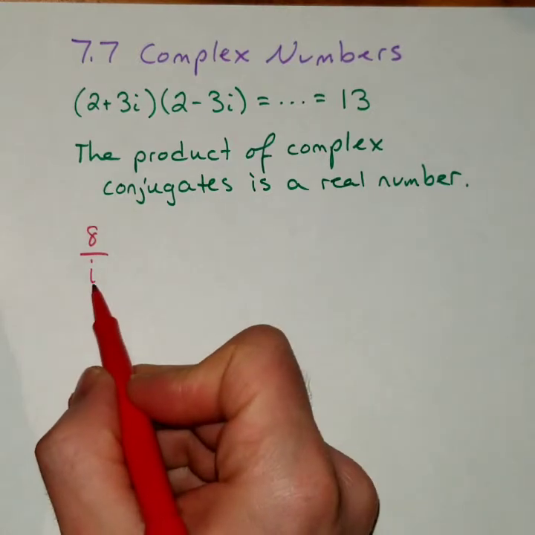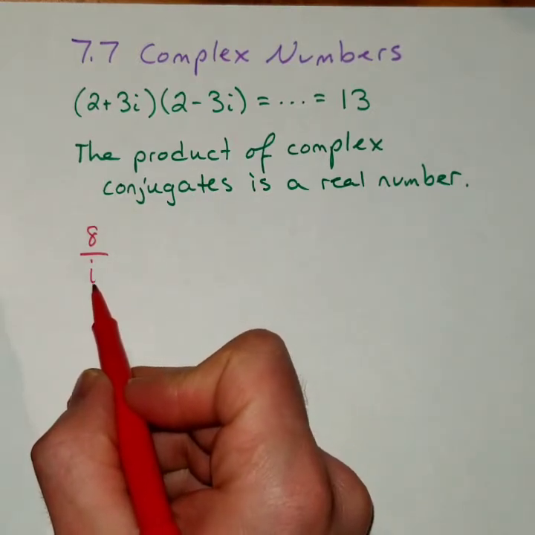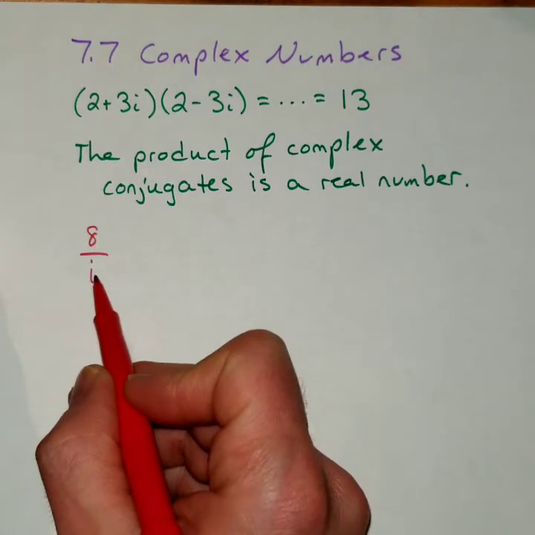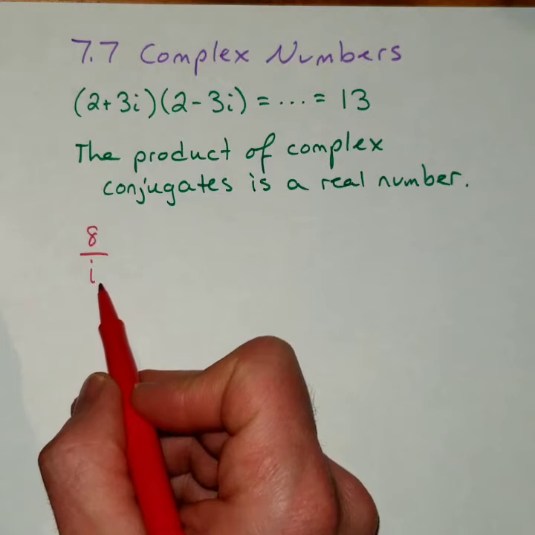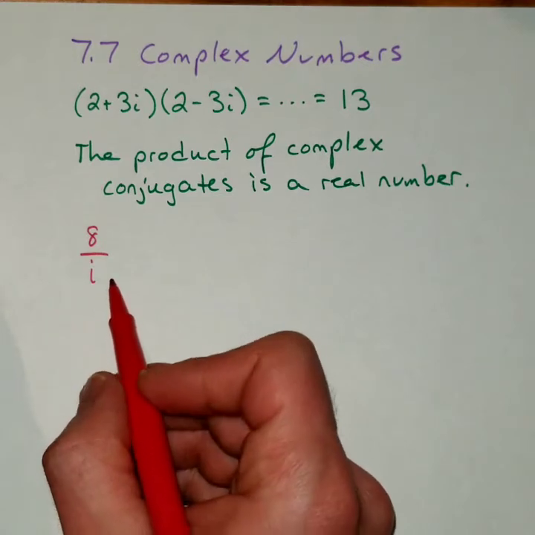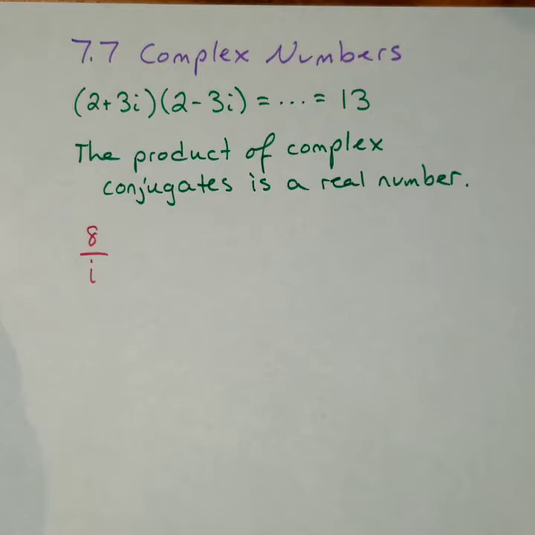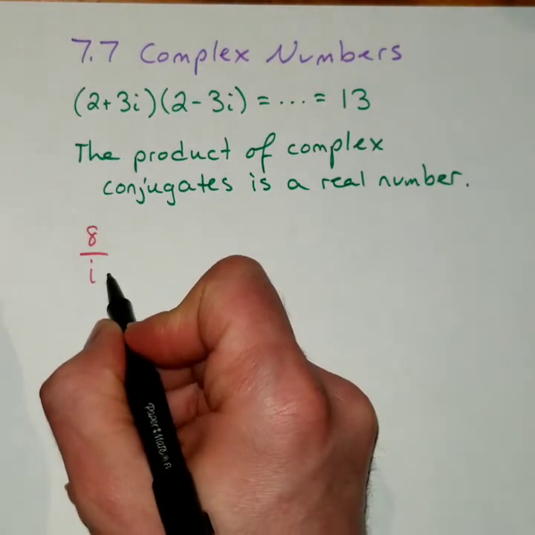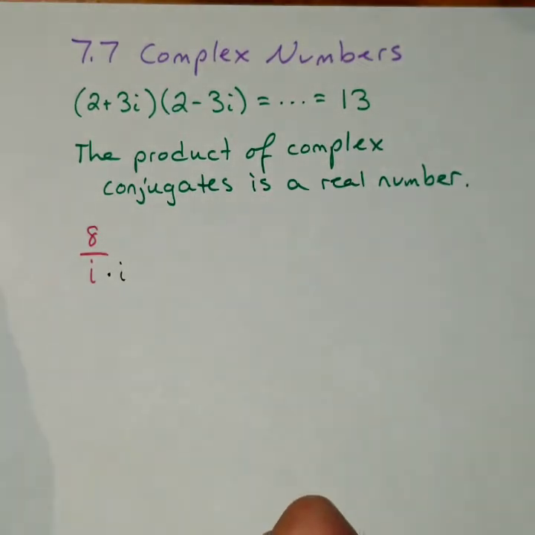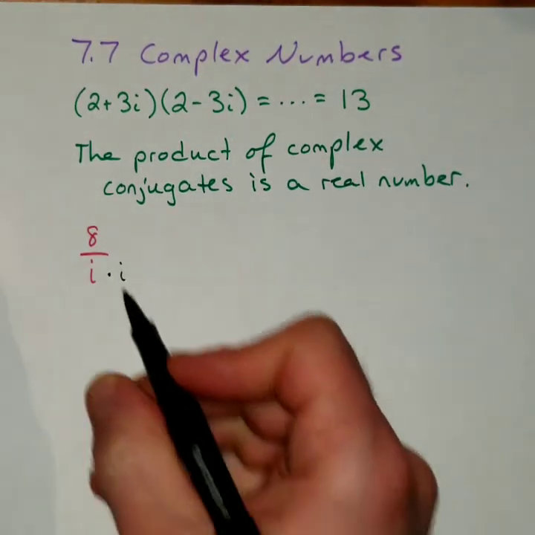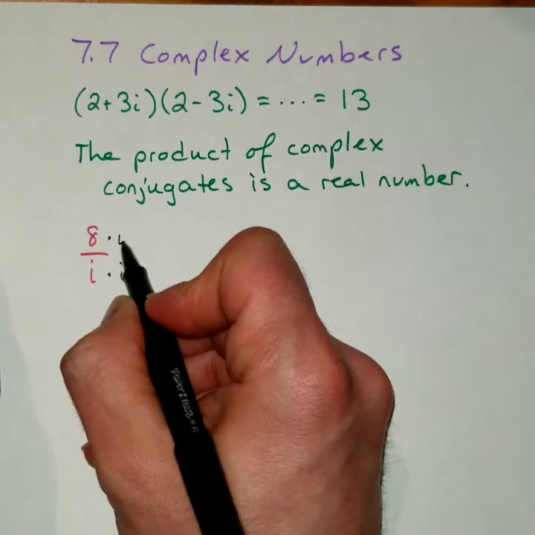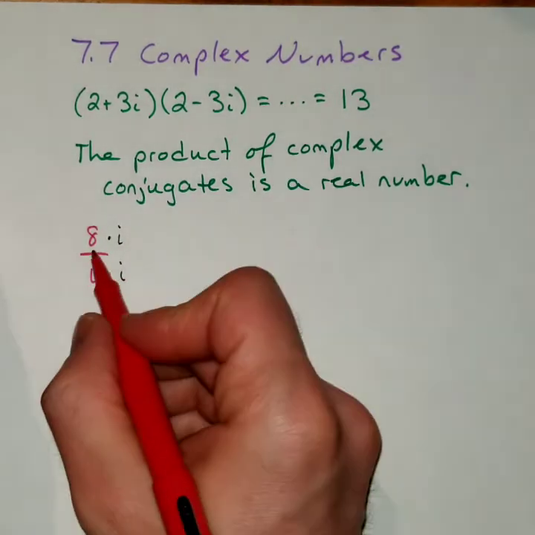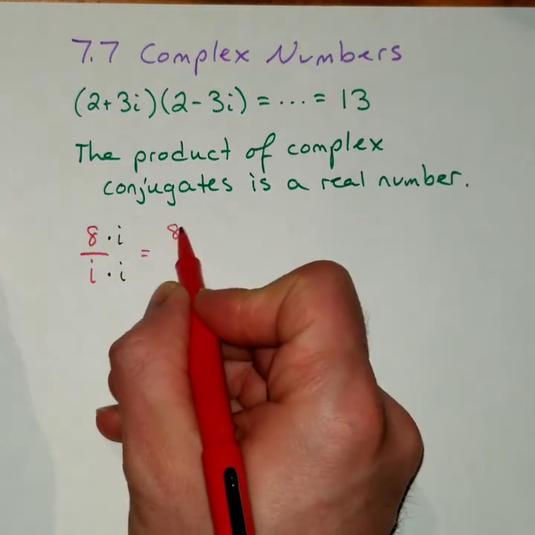So what I want to do is get rid of the i in the bottom, and because i is really a square root of -1, we're going to treat this just like a root, like we did when we did dividing of roots a couple sections ago. I'm just going to multiply the denominator by itself. So if I multiply i by i I get i squared. If I do that to the bottom, I also have to do that to the top, anytime you work with fractions. So on top, I'm going to end up with 8i.